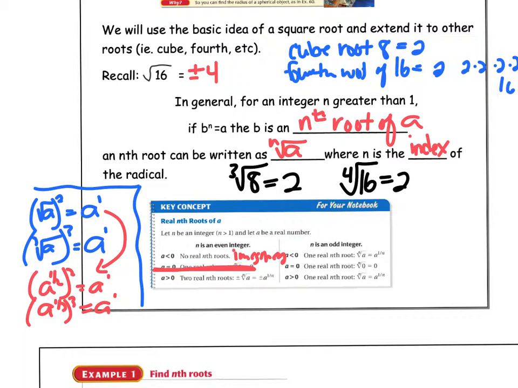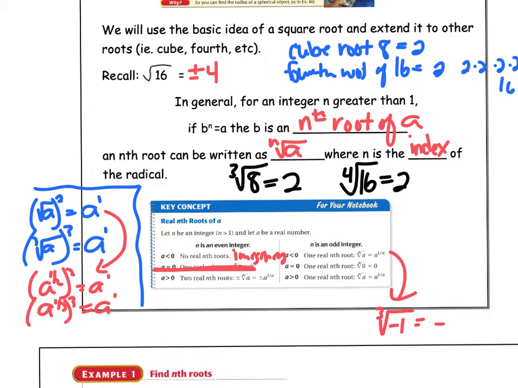Now let's look at if n is an odd integer. So if n is an odd integer and your value underneath the radical is negative, you will have one real root. And an example of that would be, let me write this, if we had the cube root of a -1. Well, remember what the question's asking. What number times itself 3 times would get you a -1?